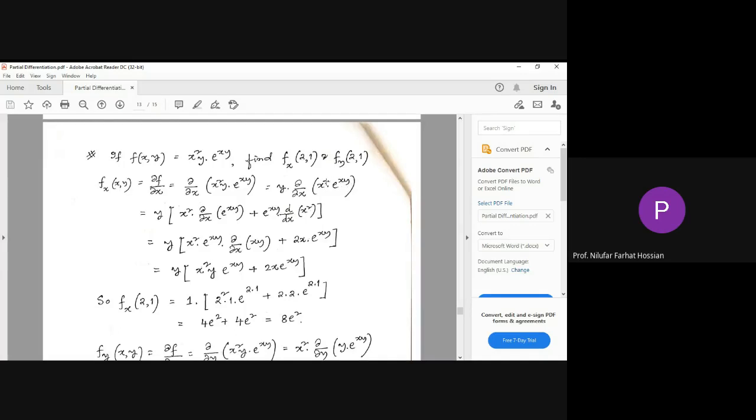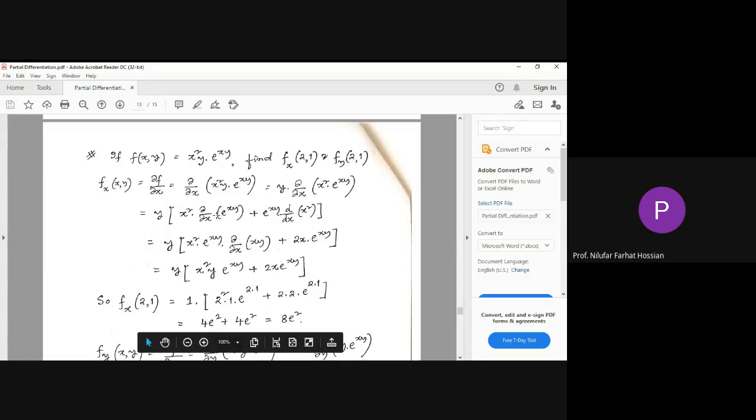So at first I keep this x square fixed. So u into del x of v plus v into d dx of u. You see, x square into del x of, here I am using del x because this factor contains x and y both. And here, when you take this e to the power xy outside, this factor xy does not contain any y. That's why I have written here d dx of x square, because there is no y here. Okay, so this y remains outside throughout all the steps.